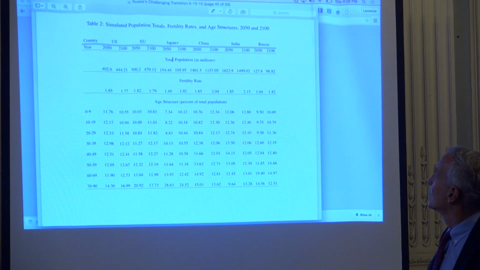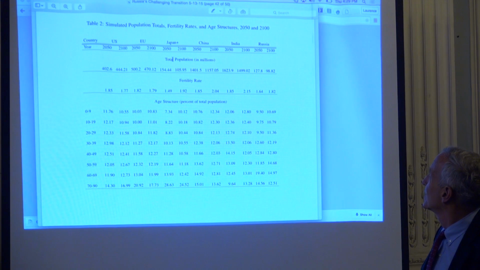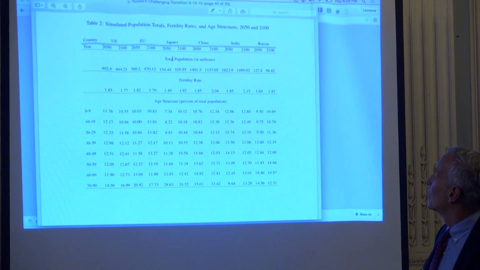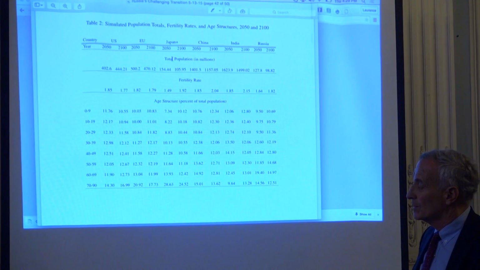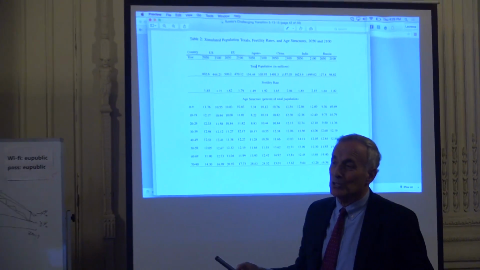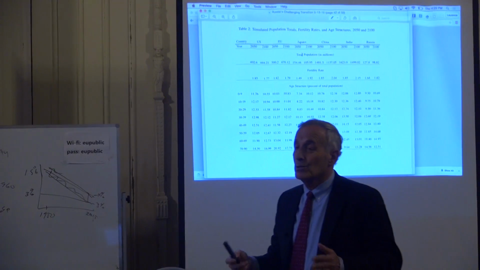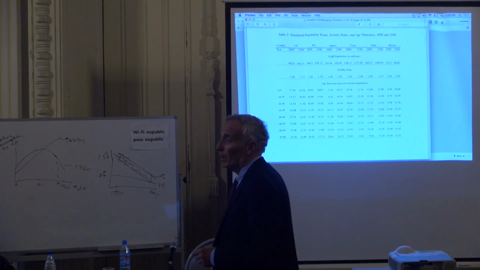Meanwhile, the US has gone up by another 42 million, about the size of the Russian population. Over the century, we add Russia's population, and Russia loses about a third of its population.